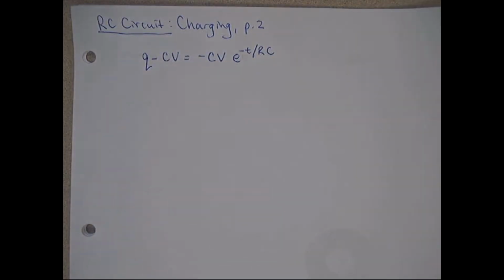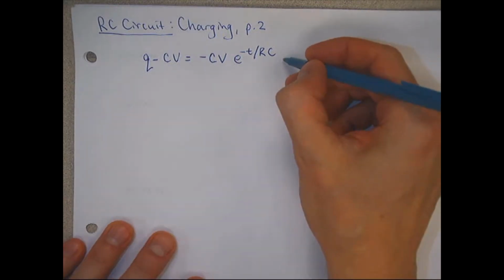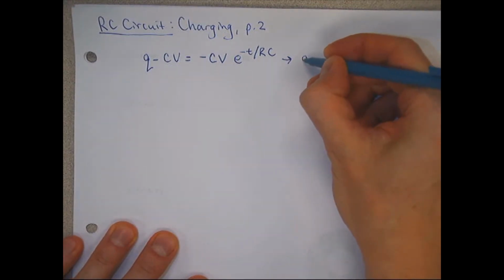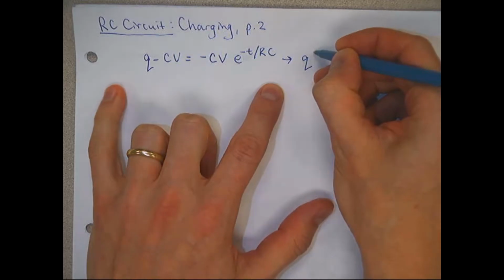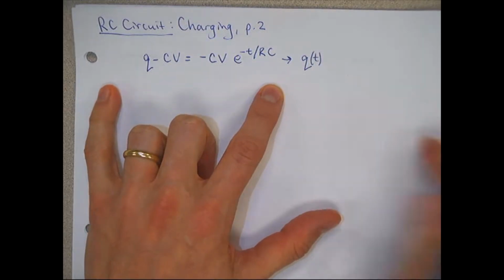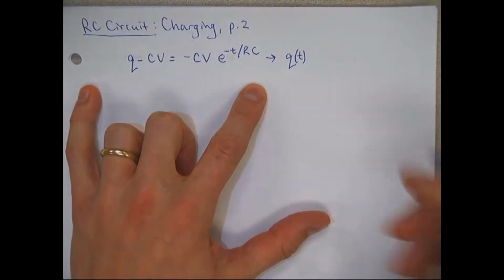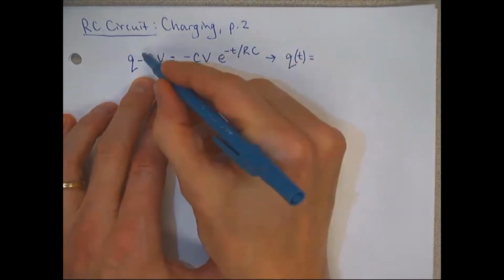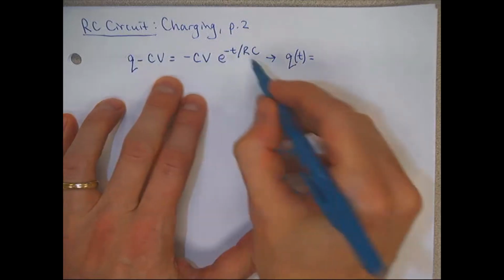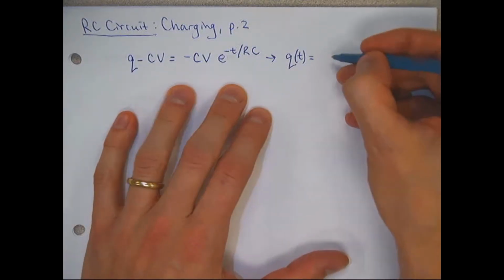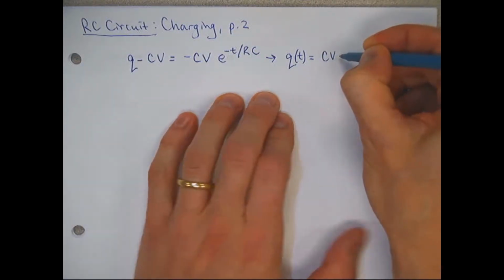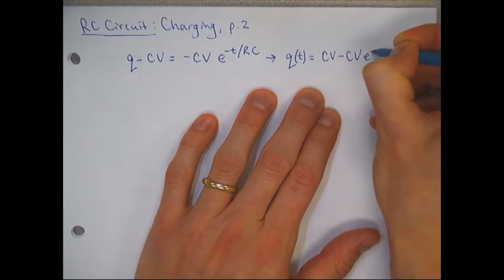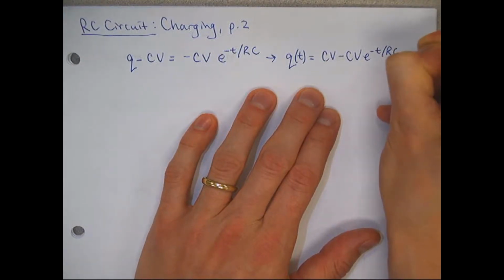We are now going to rewrite, bringing back the explicit time dependence. Q of t is equal to, we'll add CV to both sides of the equation. So now we have CV minus CV e to the minus t over RC.